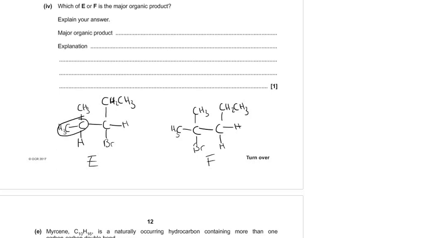So we should hopefully be able to see that on my example here, F would be the major product. And the reason for that is this would go through a more stable carbocation. So this would proceed through a tertiary carbocation, whereas E would only proceed through a secondary carbocation, which is less stable.